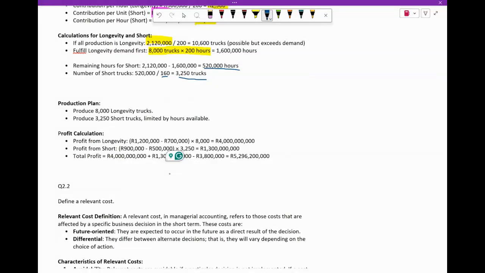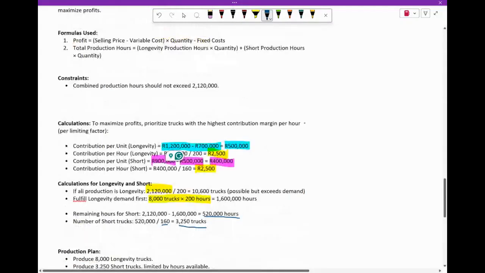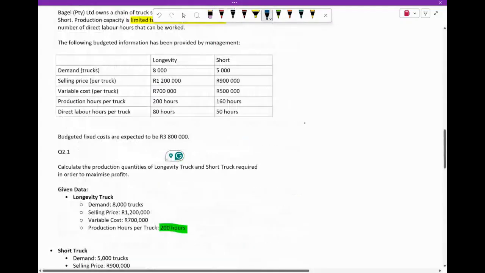Here they started all over again by saying selling price minus the 700,000 variable cost, but you could have just said contribution times your number of units. We do the same thing for short, and then we add those two together, and then there's the portion that is fixed, which you deduct in order to get your profit. Did they tell us our fixed costs, or do we have to calculate them?